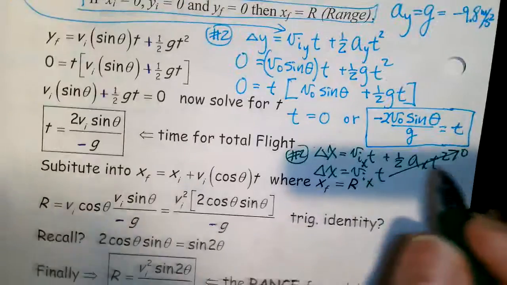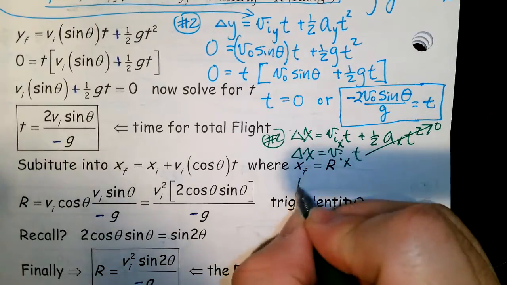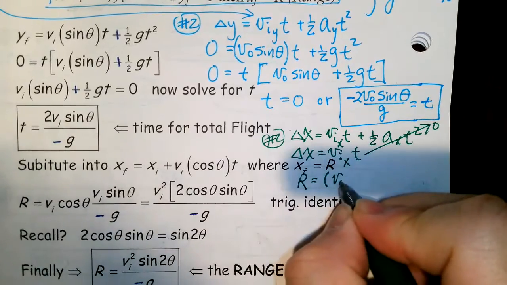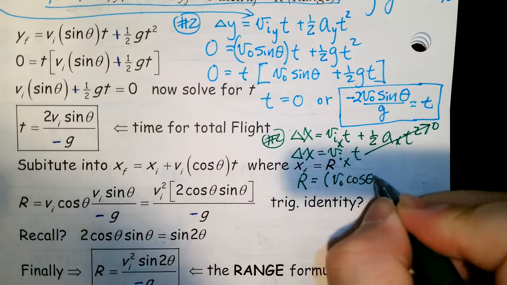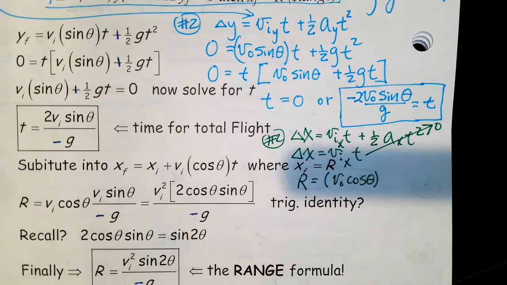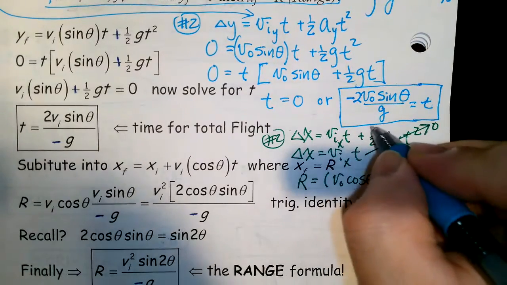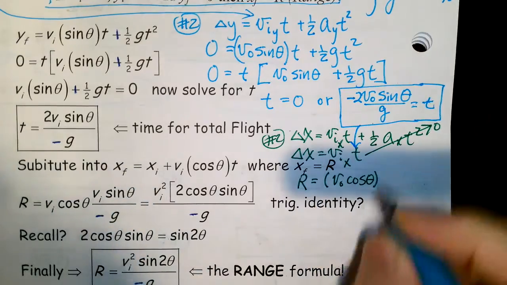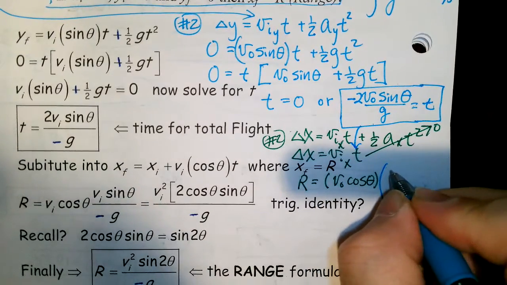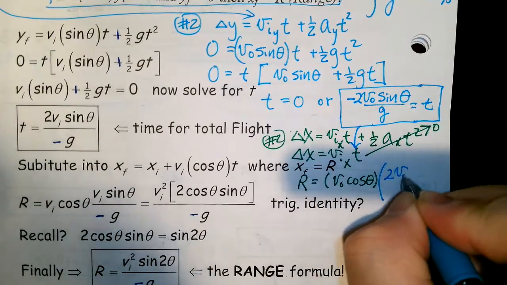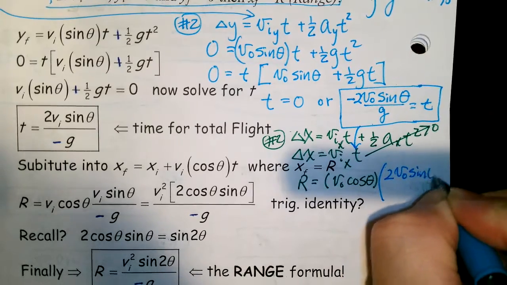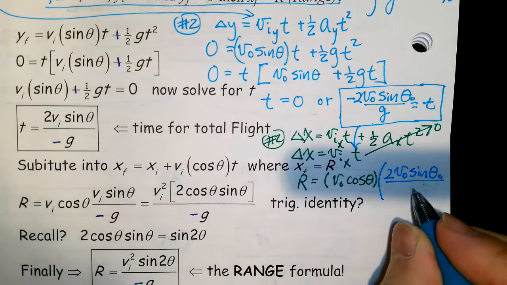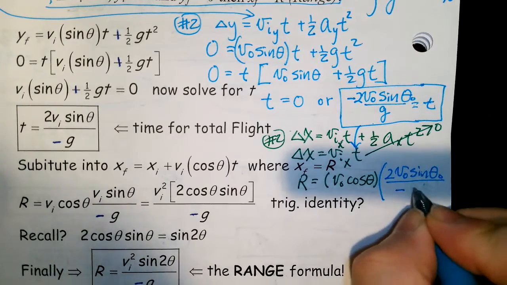All right? So delta x, which is r, is equal to V naught cosine theta times time, which we will substitute with this. So we're going to substitute that time in here, and we'll get 2 V naught sine theta naught over negative g.